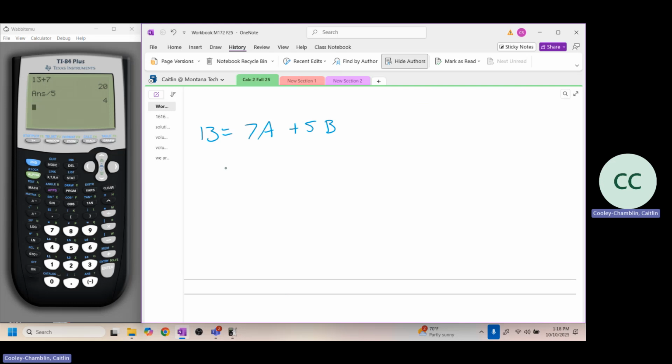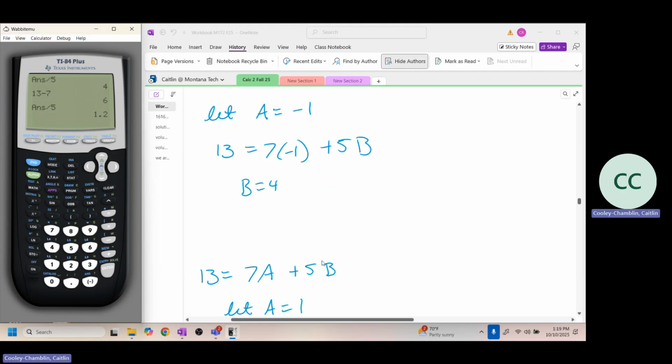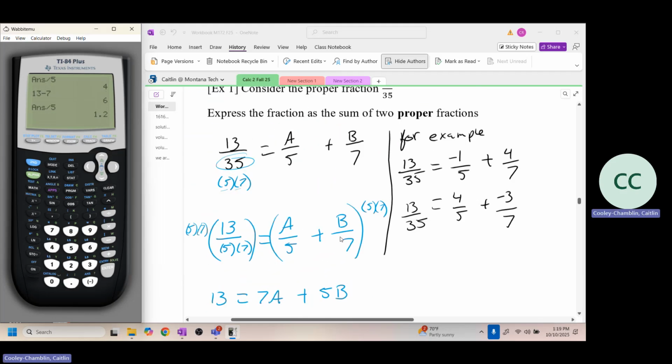So if A equals 1, we get 13 equals 7 times 1 plus 5B. So 13 minus 7 gives me 6, and then dividing by 5, we get 1.2. So our equation would not look very nice.